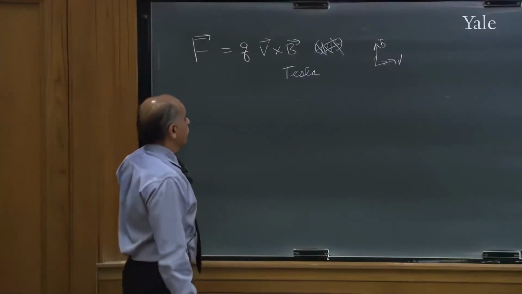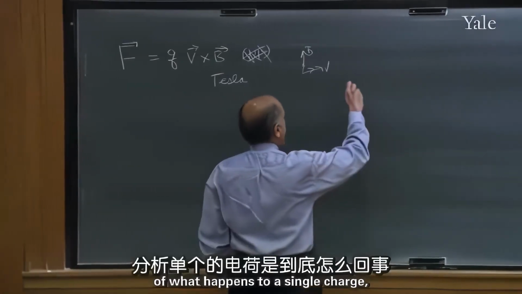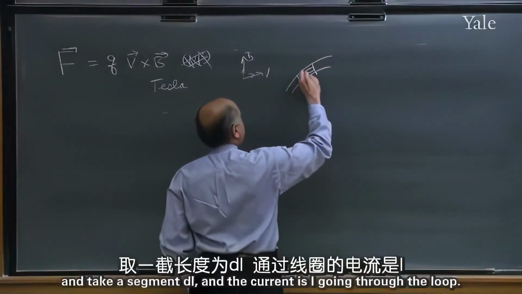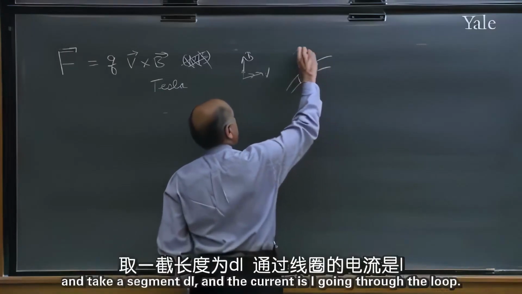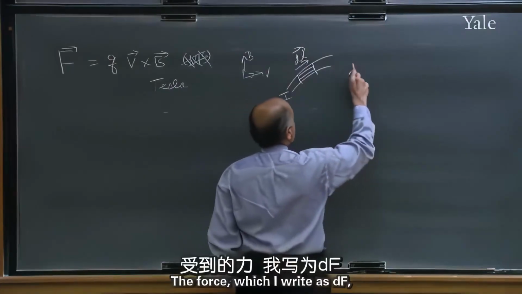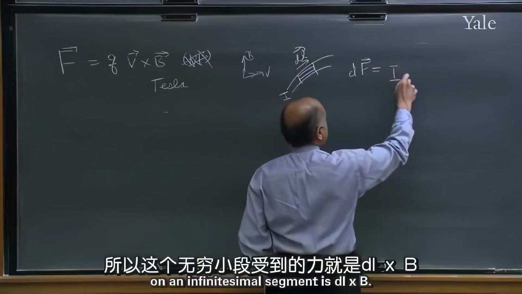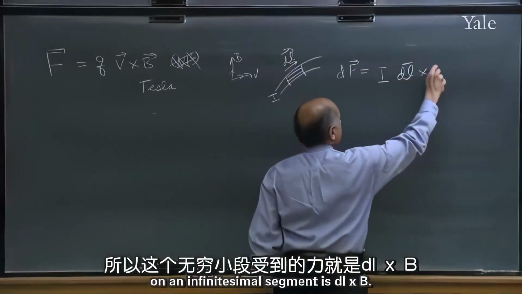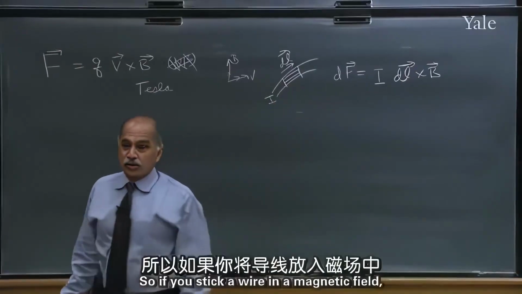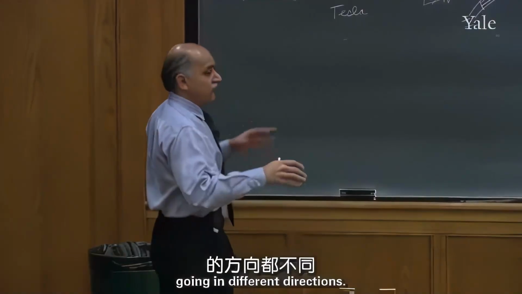Okay. Then I said, from this microscopic description of what happens to a single charge, you can go to a piece of wire carrying some current and take a segment dl, and the current is I going through the loop. The force, which I write as dF, meaning an infinitesimal force on an infinitesimal segment, is I dl cross B. So if you stick a wire in a magnetic field, different parts of the wire have current going in different directions.